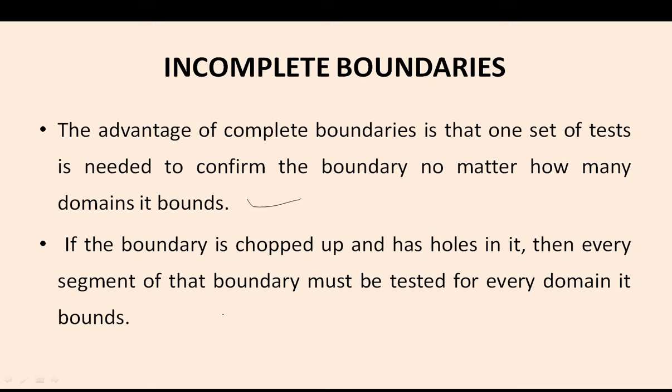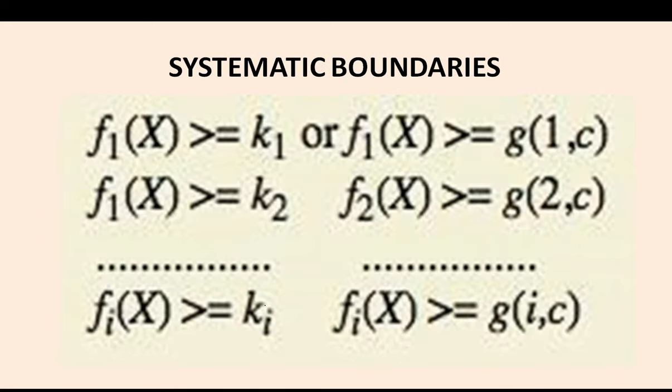If a boundary is chopped up and has holes in it, then we need multiple tests. Whereas if the boundary has holes, we have to test each and every incomplete domain. That's why it is always easier to test complete domains than incomplete domains.